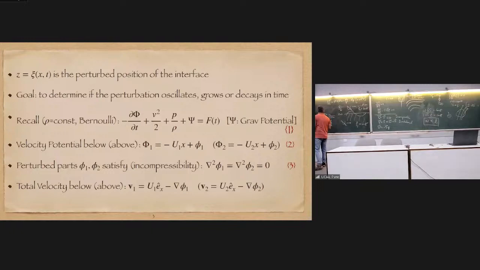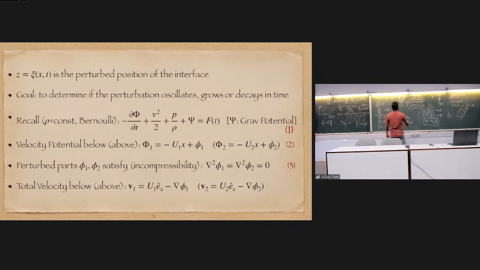Now there is a flow U1 below and U2 above. So if I ask you to determine the corresponding velocity potential below and above, this must be very simple, right? This is an unperturbed part, this is a total potential, and this is a perturbation. Just think of it being written as.